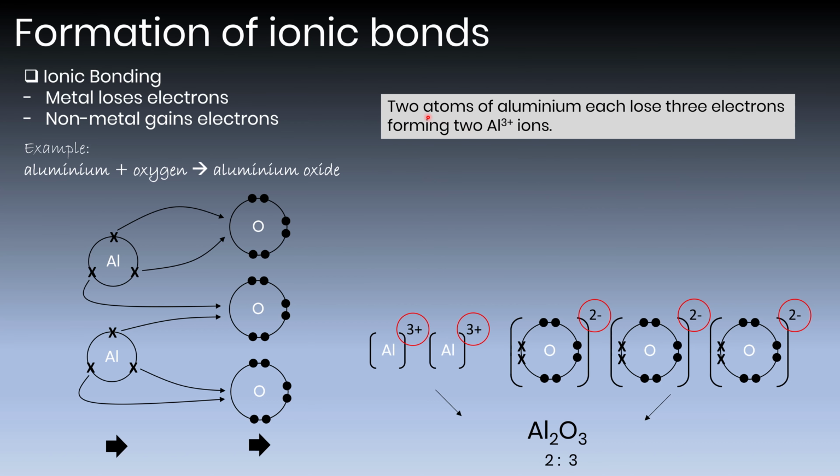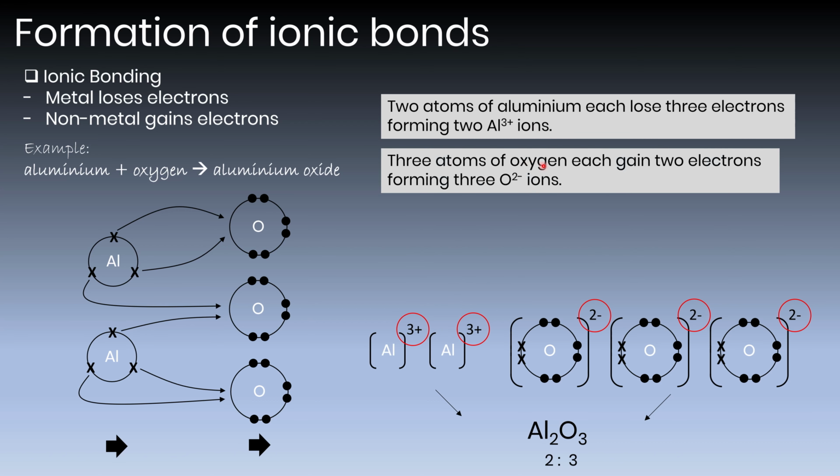To begin with, we had 2 atoms of aluminium, 1 and 2, each losing 3 electrons. This formed 2 Al3+ ions. Next, we had 3 atoms of oxygen, 1, 2, and 3, each gaining 2 electrons.